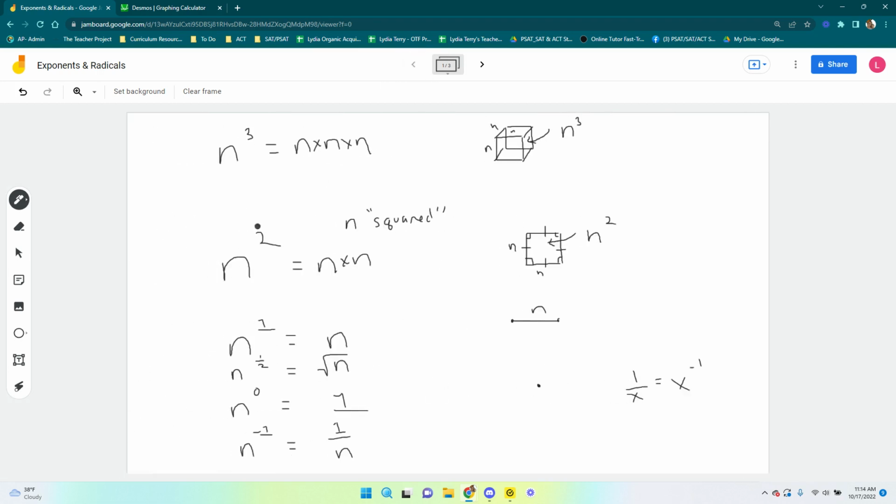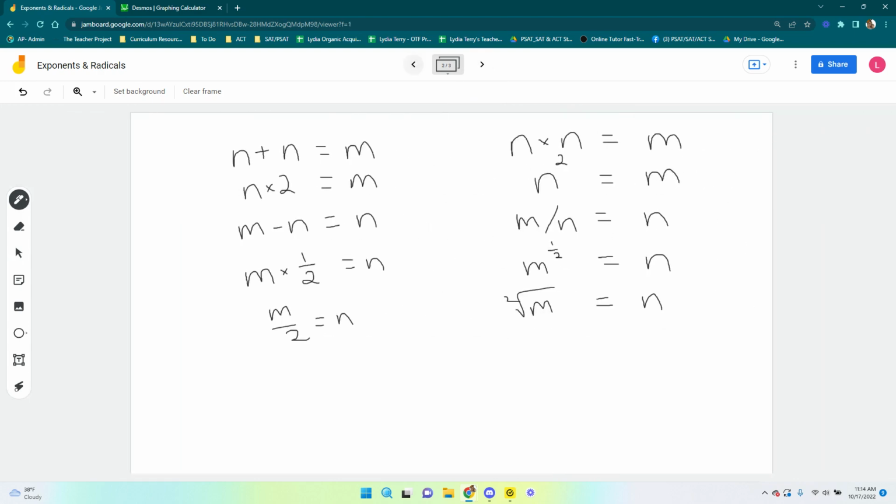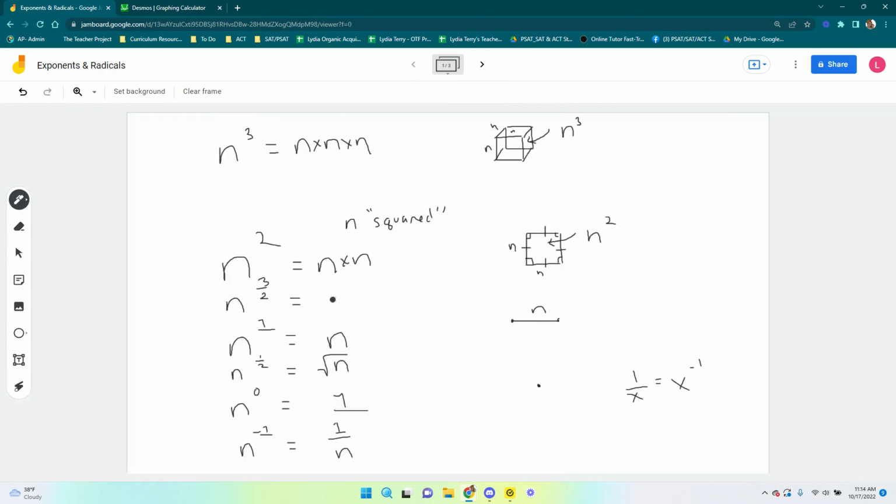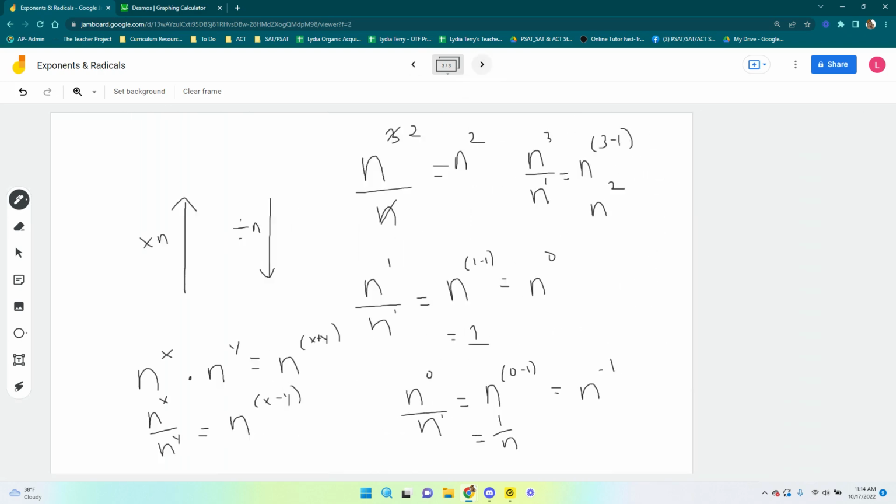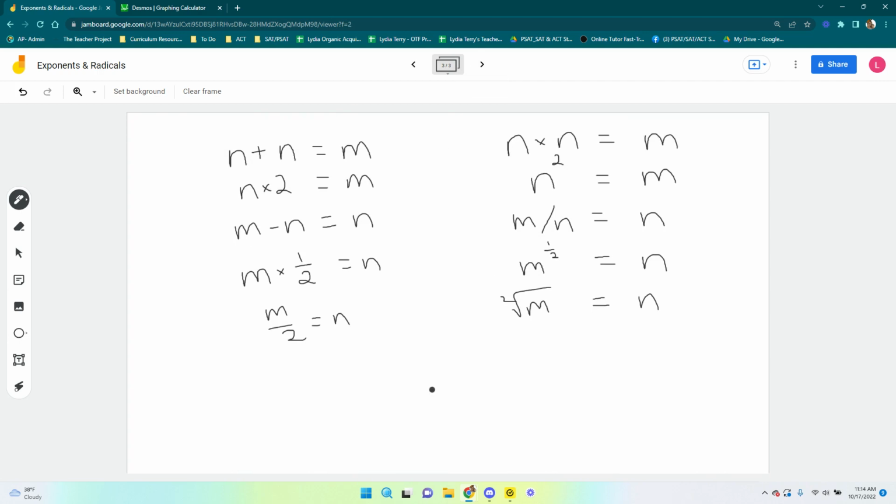Great. So then what is n to the 3 over 2? Well, if we follow that same pattern, if we look at it this way, this is just going to be n cubed, the square root of n cubed. Okay, so to kind of summarize that, it's going to look like this. Let's say I have, I got to come up with another letter here.